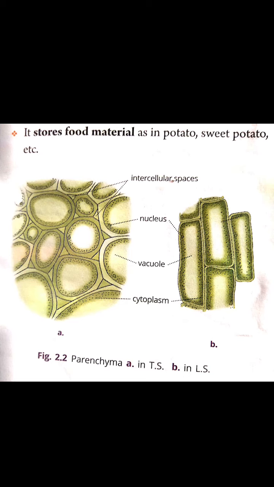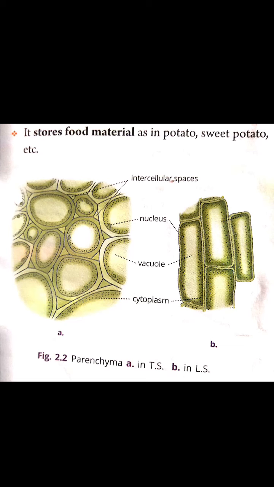The cells are loosely packed, and you can see here also that between two cells the intercellular spaces are there. Intercellular spaces means between two cells the gaps are there, so it is called the intercellular spaces.